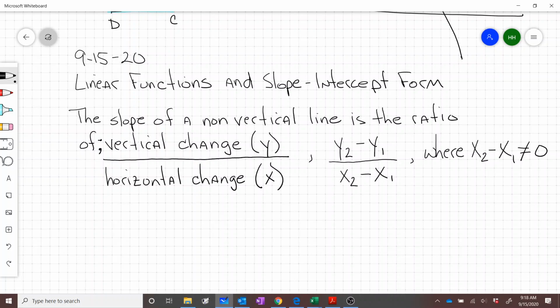So in the first part of this section, you're going to be given information about a line and you're going to be asked to find the slope.